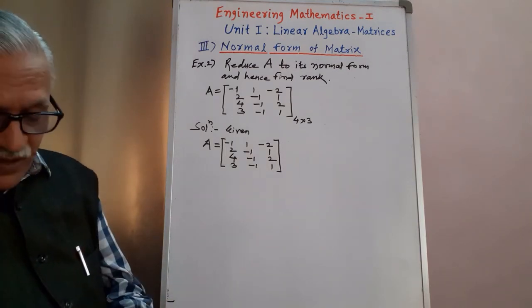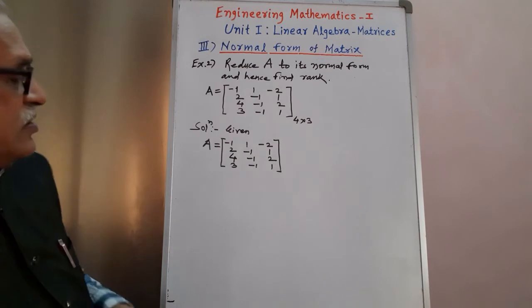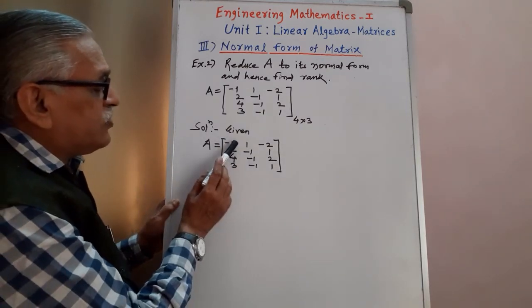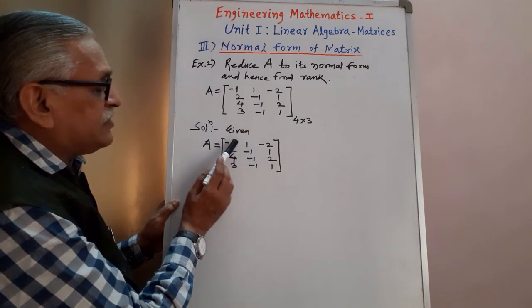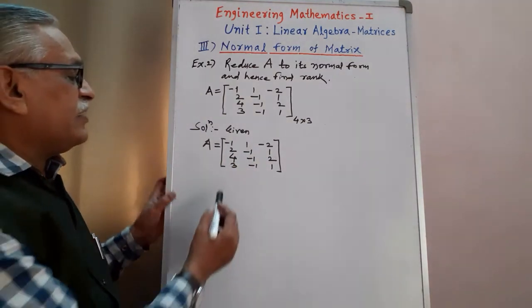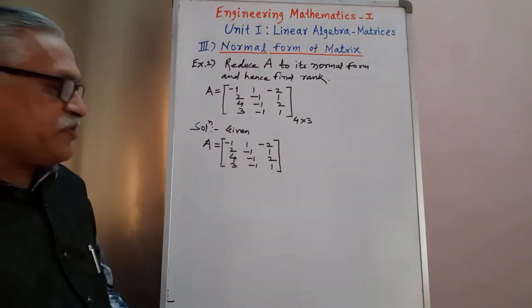Then to find normal form, we have to convert all the principal diagonal elements, the 1, 2, 3 elements, to 1 and lower diagonal elements to 0 by applying elementary row transformation.